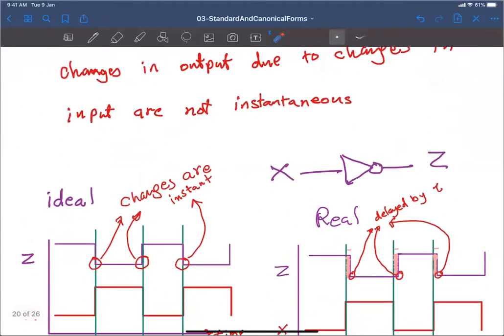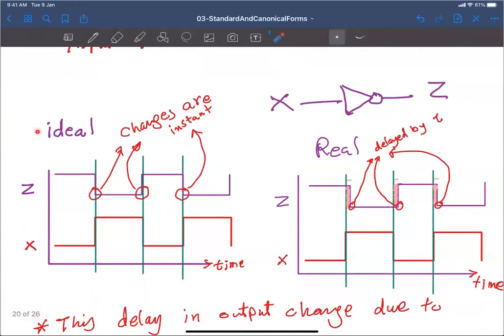Here is an example. We have an inverter, in which the input signal is X and the output signal is Z. This is the ideal waveform, in which X, as input, changes like this with respect to time; the horizontal axis is time. It starts with a 0, goes to a 1, then goes to a 0 again, and so on. Ideally, the output will follow the input signal without any delay.